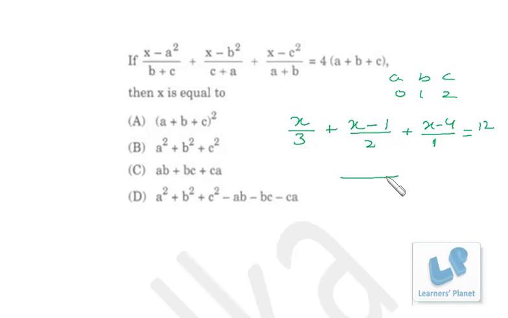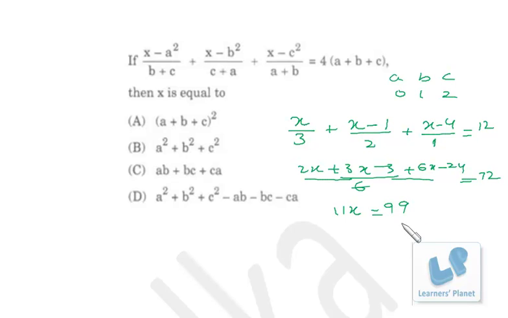Now simply take the LCM, 6. So that is 2x plus 3x minus 3 plus 6x minus 24, equal to 72. So 11x is equal to 72 plus 27, that is 99. That means x is equal to 9.